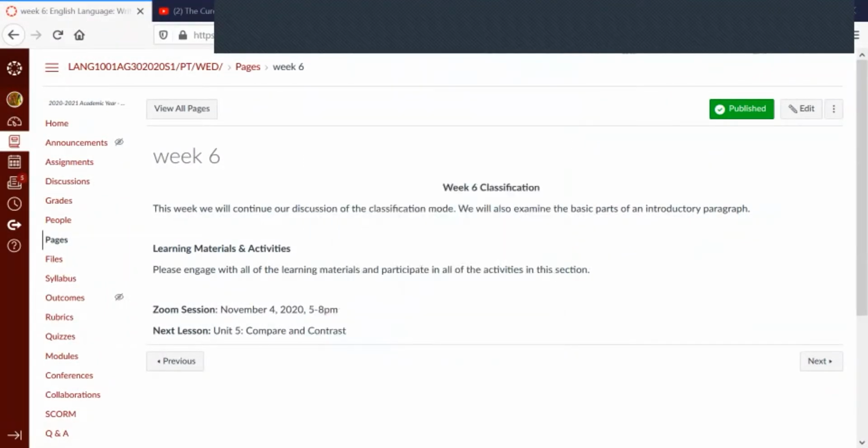We will also have a little discussion and compare and contrast the different types, the ABD versus classification. What are their similarities? What are their differences? We'll be looking at the introductory paragraph and some common sentence errors and parallelism, right?